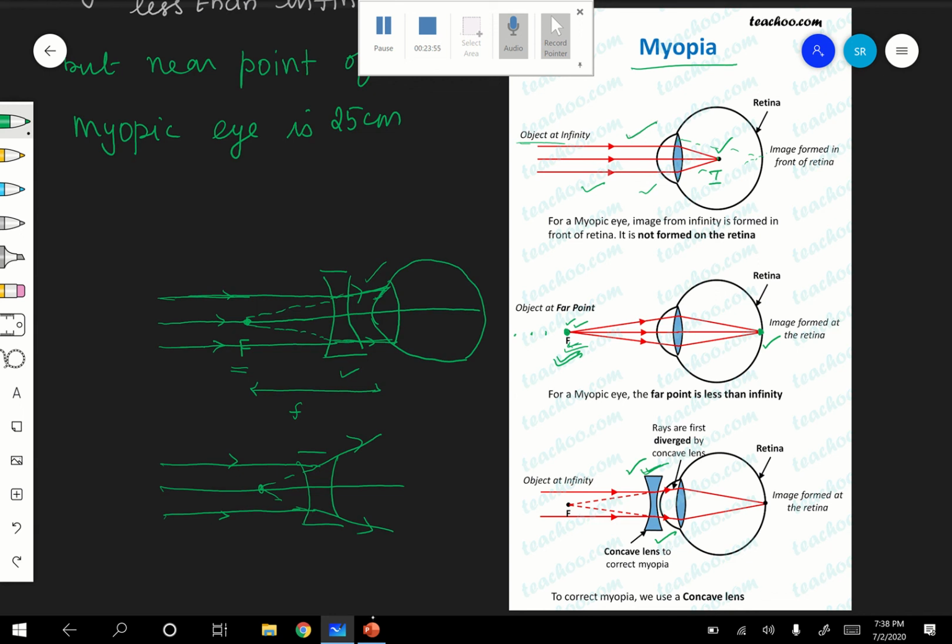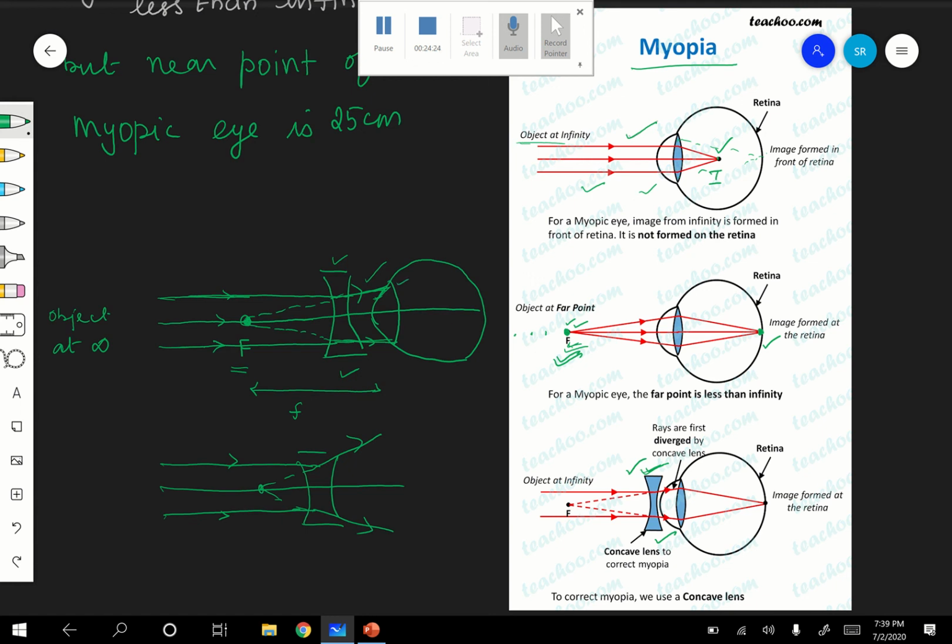So by using the concave lens, the object is at infinity. Its image is formed first: the rays fall on the concave lens, and the virtual image is formed at F. Virtual image is formed at F, and F is nothing but the far point of our myopic eye.